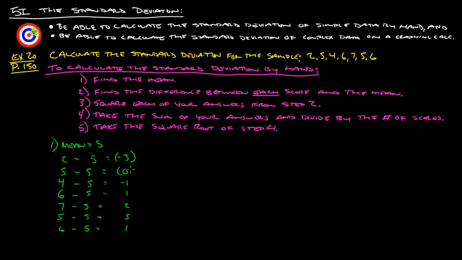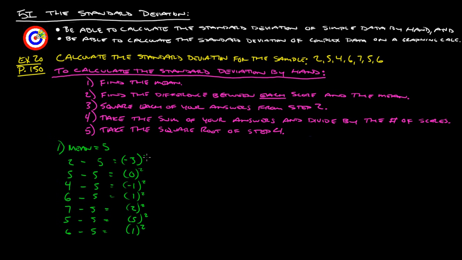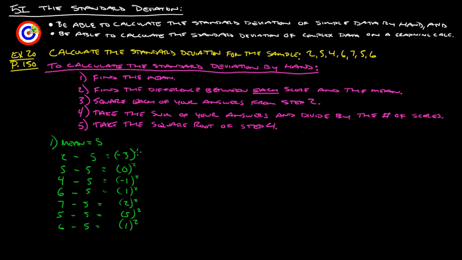Now we're going to square each of our answers from step 2. So all of these here are going to get squared. This gives us 9, 0, not 6, but 0. That does not look good.